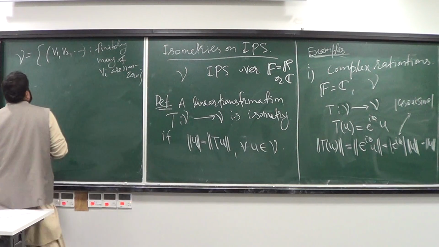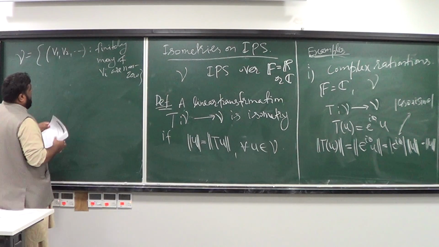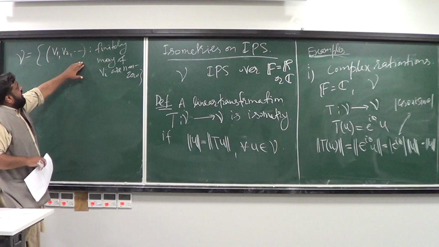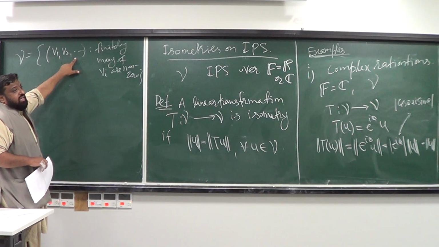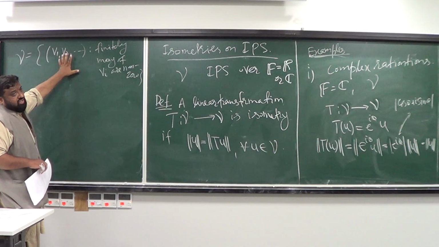In other words, it's a collection of vectors which are infinite tuples, but in each tuple only a finite number of the components are non-zero, and the rest are zero actually.